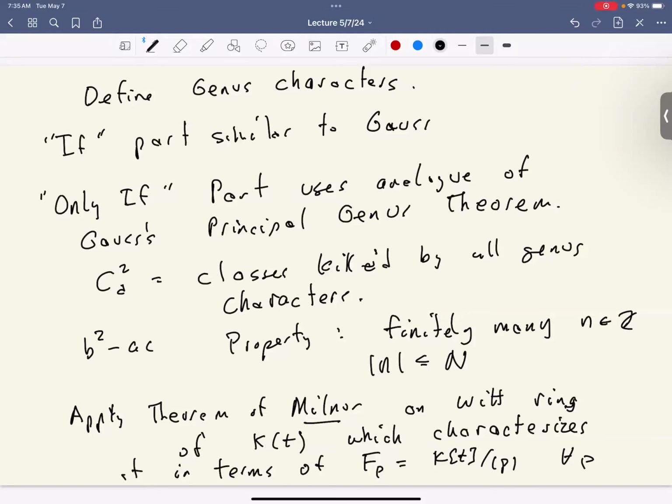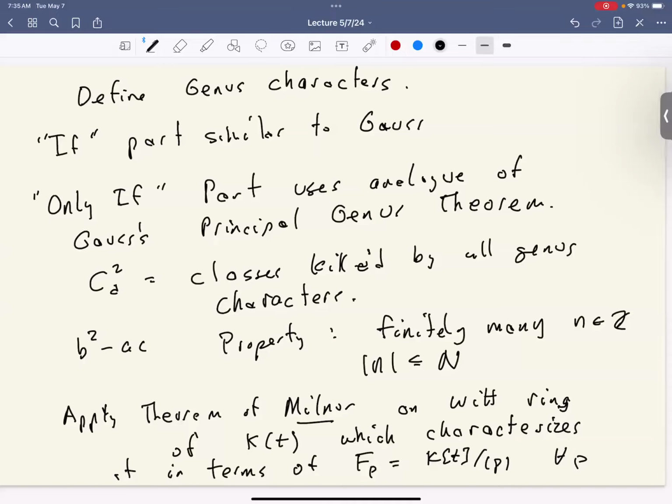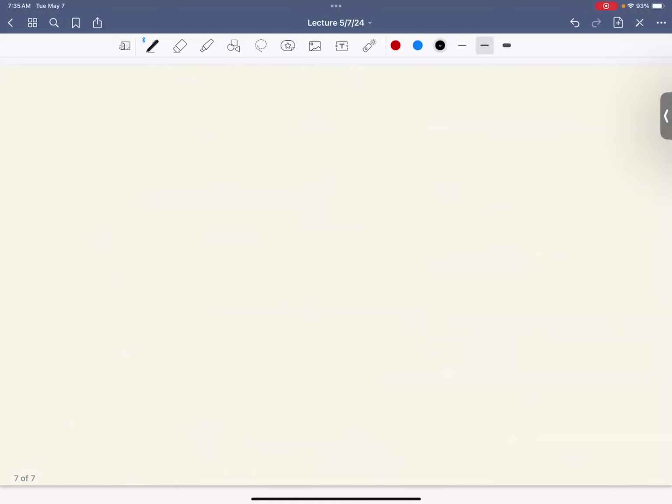And so what is actually pretty straightforward once you set it up, because I'm only dealing with binary quadratic forms. This Witt ring deals with all quadratic forms of all sizes. So things are simpler when you just have binary quadratic forms. So I was able to apply this theorem to show that genera are the same thing as rational classes.